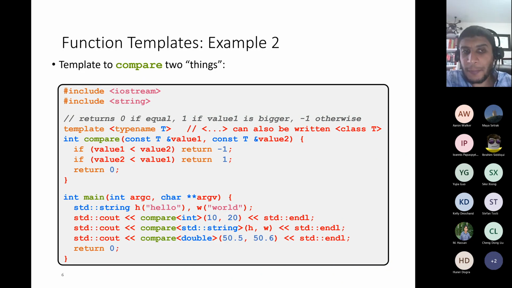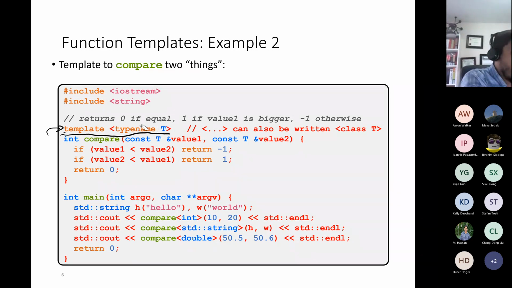Previously, before we knew templates, I would have to write this function compare again for ints, for doubles, for floats, etc. But right now, I can write a template function again using exactly the same line here. By the way, t can be anything, right? I can call it thing, right? Like t just here is a user-defined name, so it's up to you.